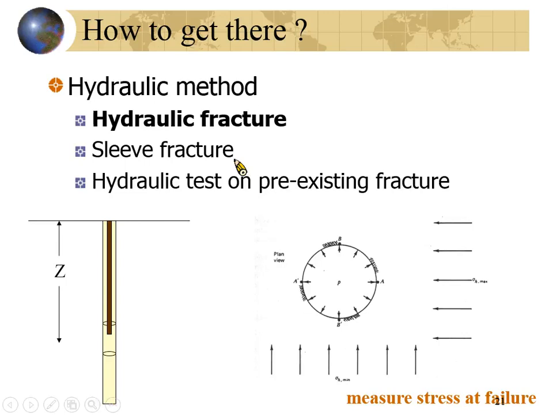This is not so common because you need to find very good single fractures with different orientations. But this kind of technology is already well developed, and how to solve it is well developed. So this will be the most common testing method to derive the in situ stress.